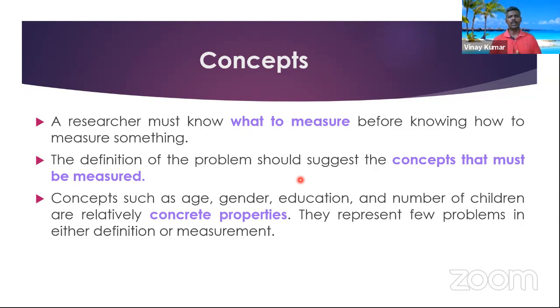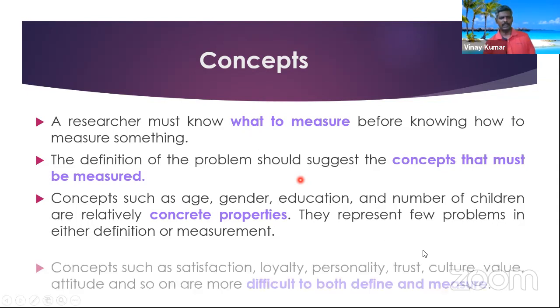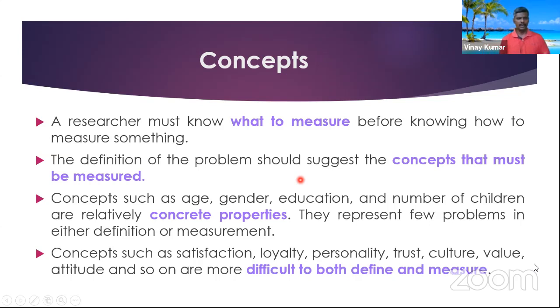These are all called concrete properties, which have very few problems in definition or measurement. But what is challenging for the researcher is the qualitative aspects, which become very difficult to measure. The first aspect is concrete properties, which we can also call quantitative aspects, which can be easily measured, where the researcher doesn't have any such problem in definition or measurement of such concepts.